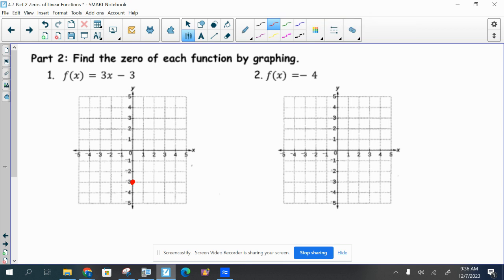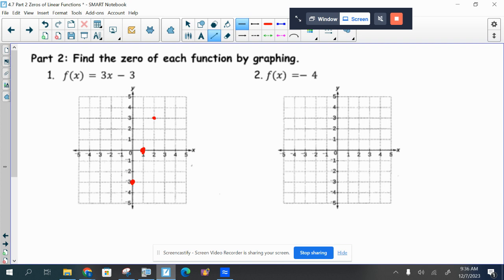So go up 3/1, and up 3/1. Okay, draw a line through it. And you get x equals, crosses through the x-axis at 1.